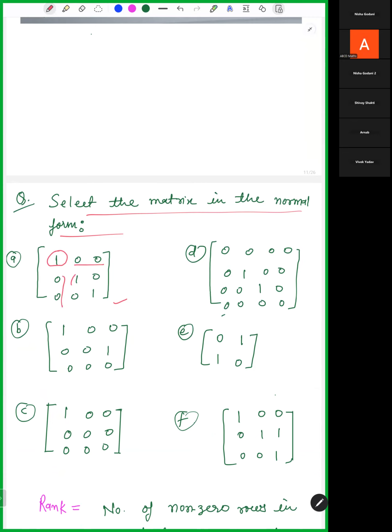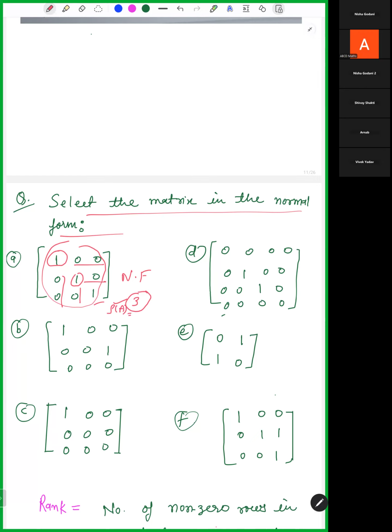In the next one, you have 0 and 0, and here you have 1. So actually you can see that you have an identity matrix of order 3. So it is in normal form. And what is the order of this identity matrix? 3. So the rank is 3.